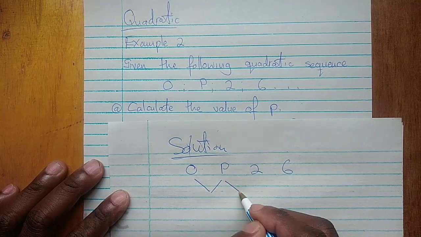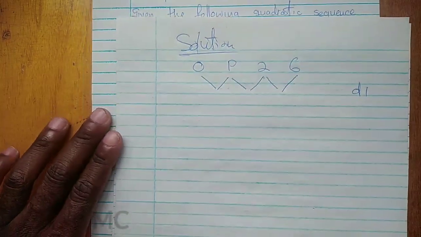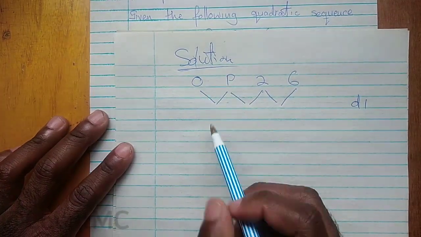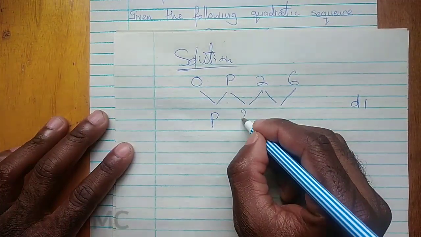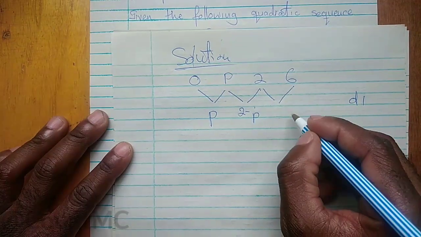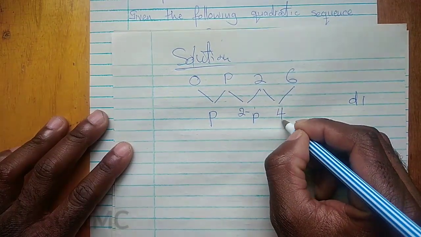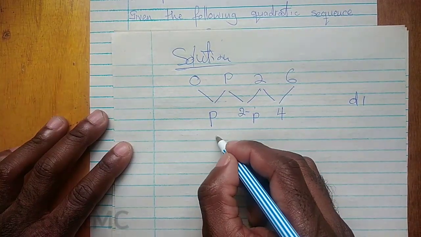Now, because it's a quadratic, we know that we are going to have two differences, d1 and d2. So let us start. P minus 0, you are left with p. 2 minus p is 2 minus p. 6 minus 2, get a 4. That's the first difference. Let's do the second difference.